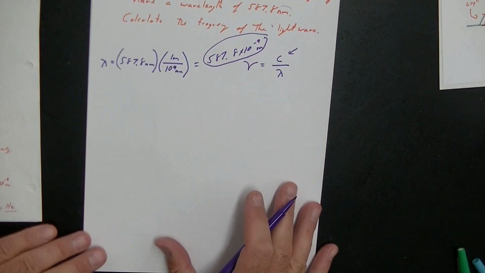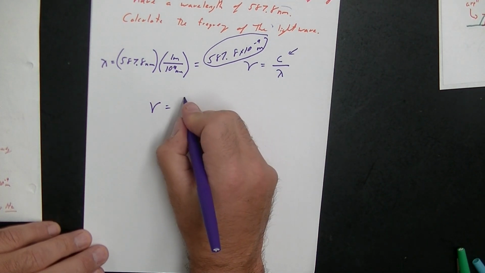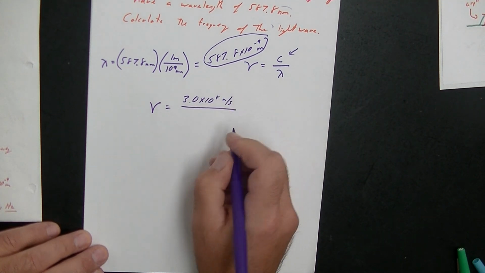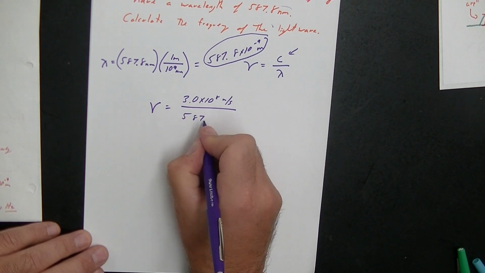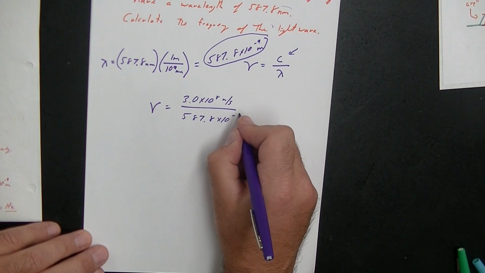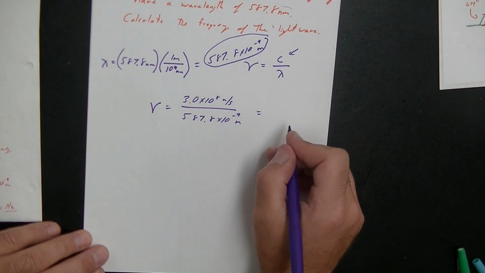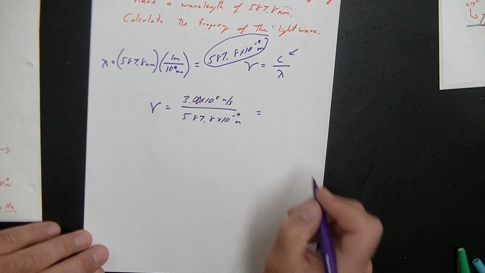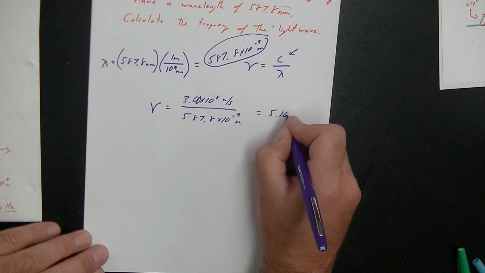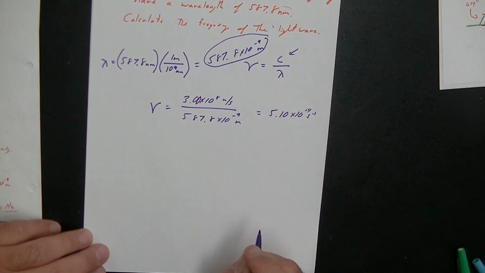So now I can just substitute in: my frequency equals the speed of light, 3.00 times 10 to the 8th meters per second, divided by 587.8 times 10 to the minus 9th meters, and with sig figs, I end up with 5.10 times 10 to the 14th inverse seconds.